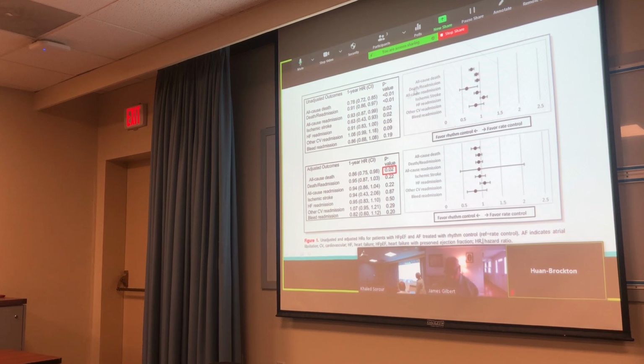But that's all the unadjusted outcome. If they're adjusted for the risk factors, for the age, then that's actually the major thing. Right, so once you adjust for all of those factors, it's really only all-cause death that shows that significant difference.